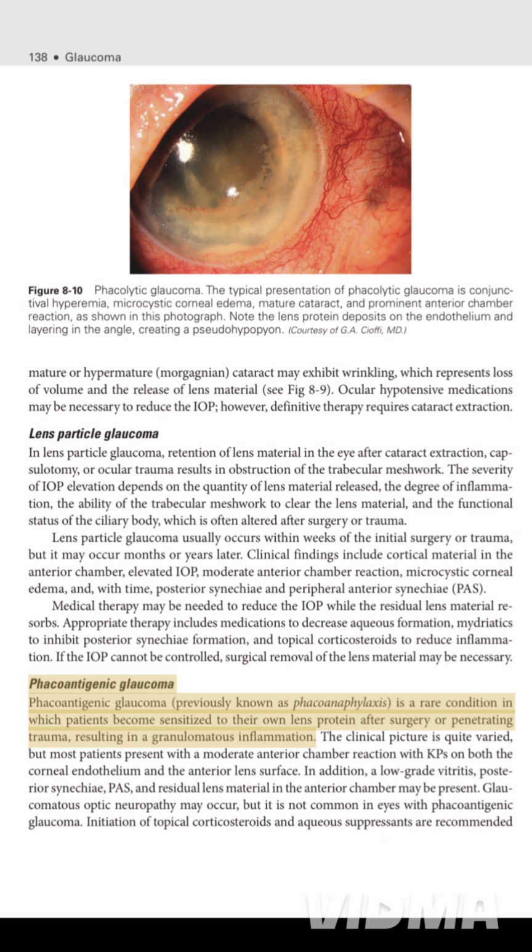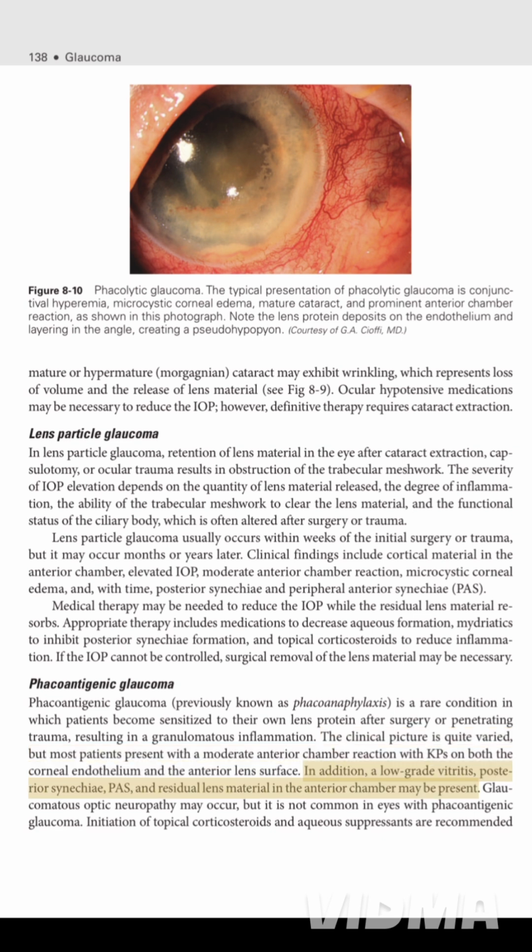Phacoantigenic glaucoma. Phacoantigenic glaucoma, previously known as phacoanaphylaxis, is a rare condition in which patients become sensitized to their own lens protein after surgery or penetrating trauma, resulting in a granulomatous inflammation. The clinical picture is quite varied, but most patients present with a moderate anterior chamber reaction with KPs on both the corneal endothelium and the anterior lens surface.